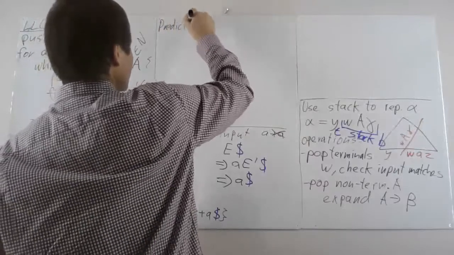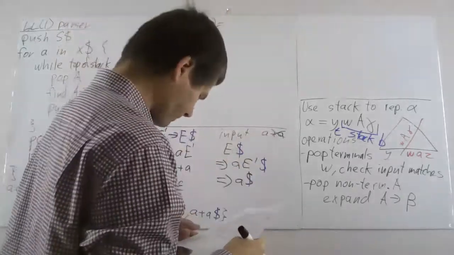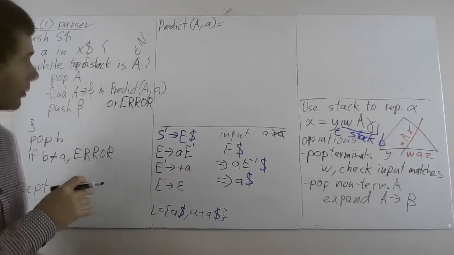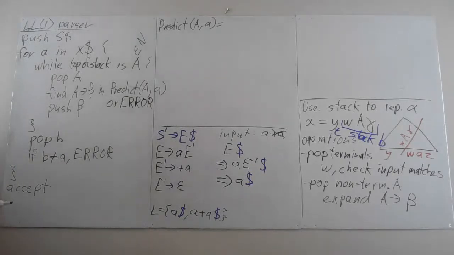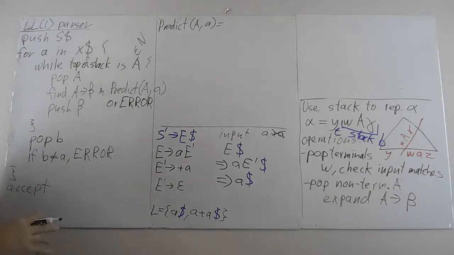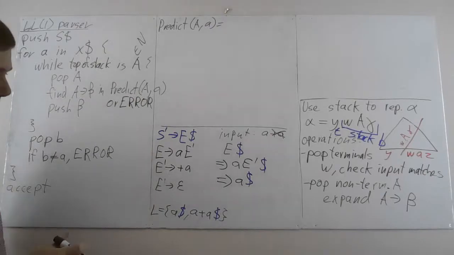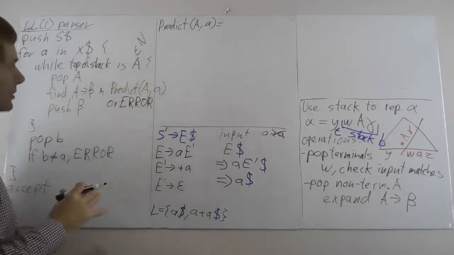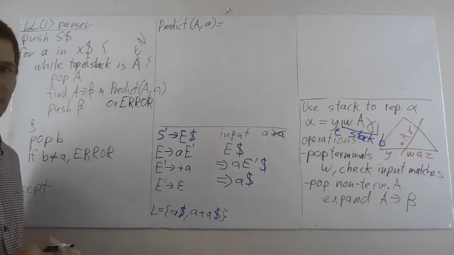So, predict of big A. How are we going to implement predict? Well, it turns out I want to use this stack-based version of the algorithm, and I want to implement predict so that it tells me to do everything that's not completely stupid. Predict is going to tell me all the possible production rules that could kind of make sense in a given situation.